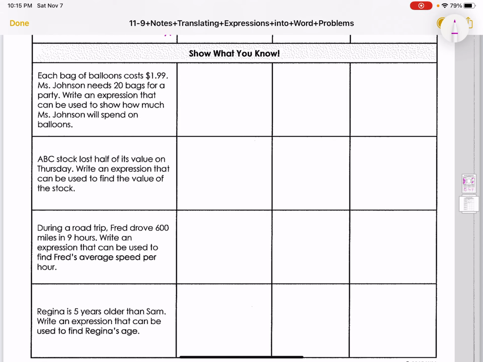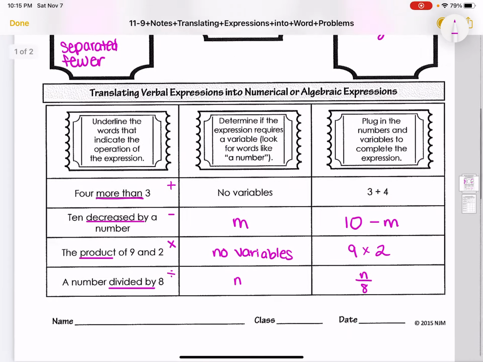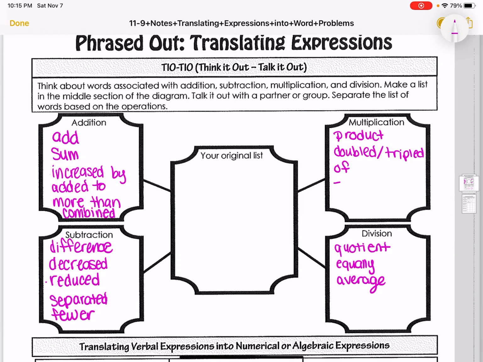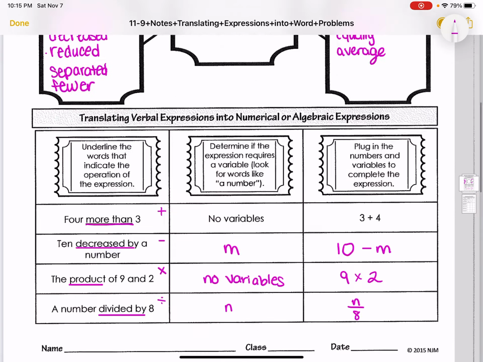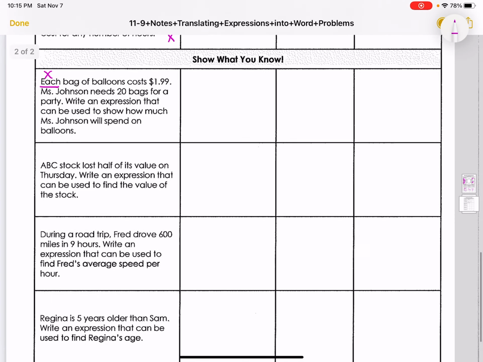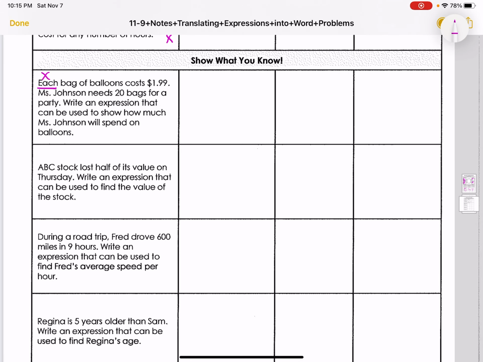All right, let's see what we can do now. Each bag of balloons costs $1.99. Miss Johnson needs 25 bags for a party. Write an expression which can be used to show how much Miss Johnson will spend on balloons. So each, we know that that's going to be multiplication. We wrote that at the beginning of our notes. The keyword each indicates multiplication.